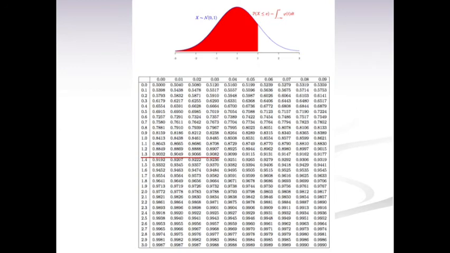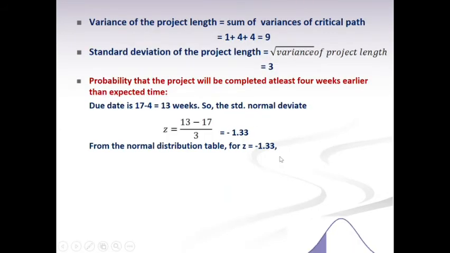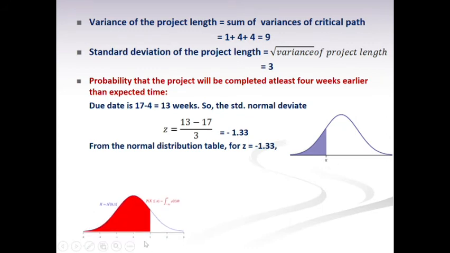But what we want is the value for minus 1.33. The center point is 0 and somewhere minus 1.33 will be there. What we know is the value of 1.33 as 0.9082. By having this value, we have to calculate the value for minus 1.33.